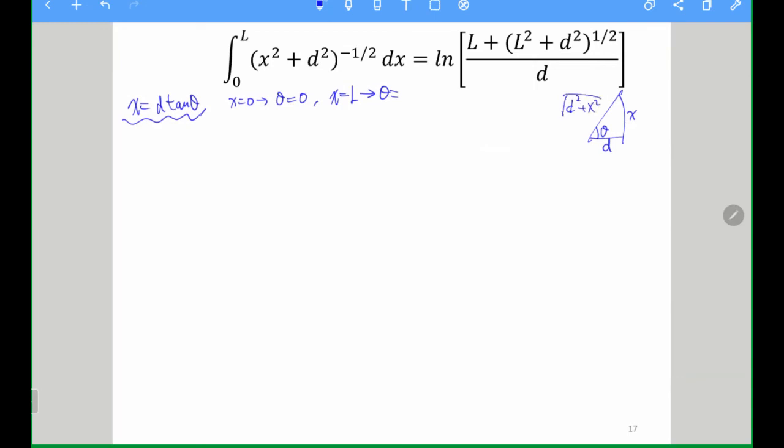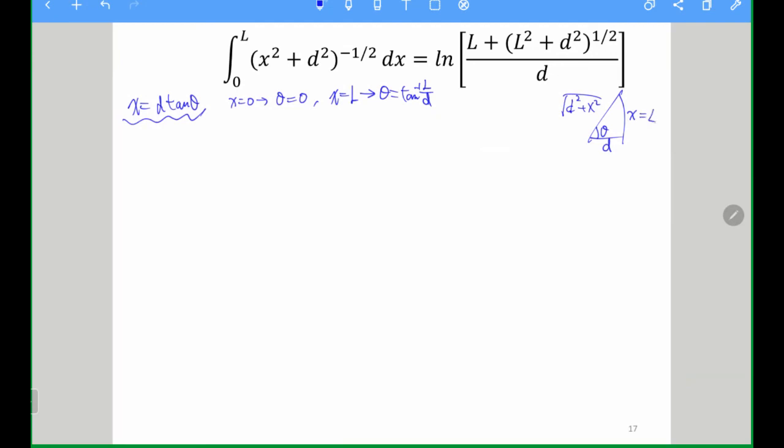If x is capital L, then just plug in x to be L here.